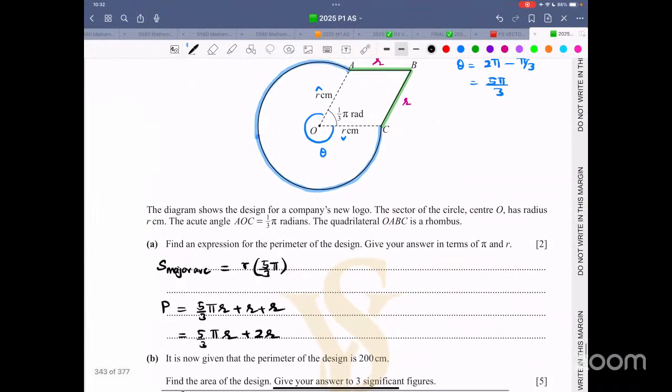Now think about it. What needs to be done? So now the area of the design, what is it? If I draw it like this, so this is a triangle. This is the major arc. Maybe if this segment was there, you can subtract the segment so you can get the area up till here and then add the triangle.